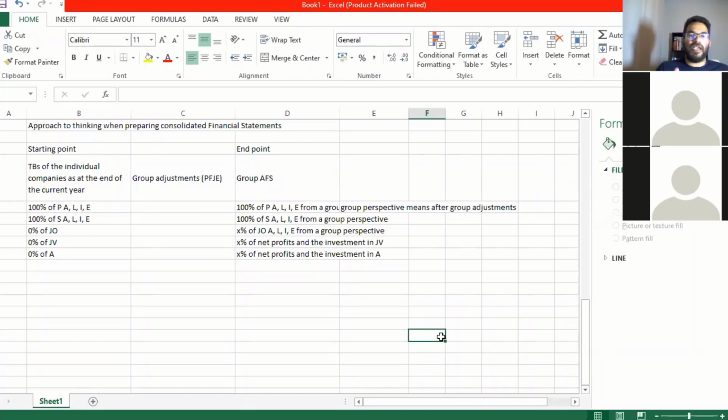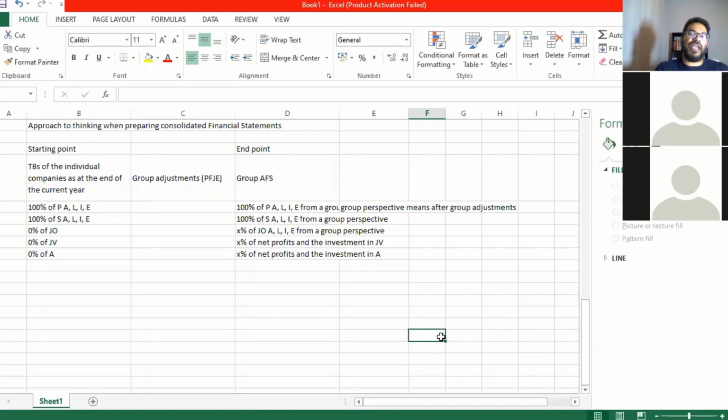Column A and column B will have all the numbers for the separate trial balances. That is never going to change. That is what the separate financial statements will look like.